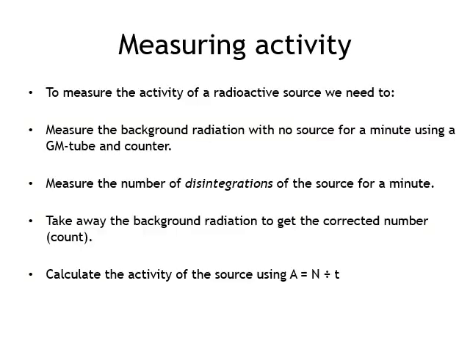So using the Geiger-Müller tube there and the counter, we can detect the background radiation. This is the radiation that is there when there's no source, there's no radioactive material there. And we need to do that first, and then once we know how much the background radiation is, we can then work out how much is coming from our radioactive source.